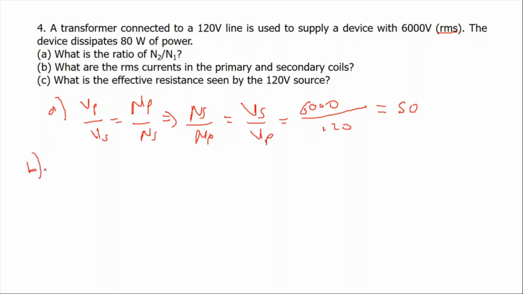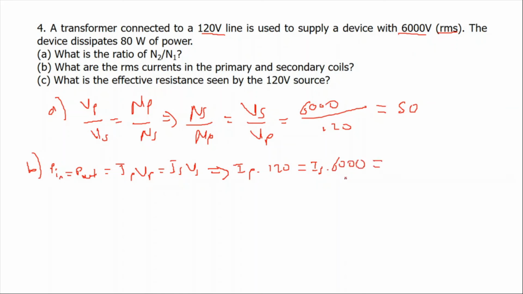B. What are the RMS currents in the primary and secondary coils? Now we know P in is equal to P out in ideal transformers, and we know that I primary times V primary, which is given as 120 volts here, equals I secondary times V secondary, which is given as 6,000 volts, and their multiplication equals the power, and we know that the power is equal to 80.